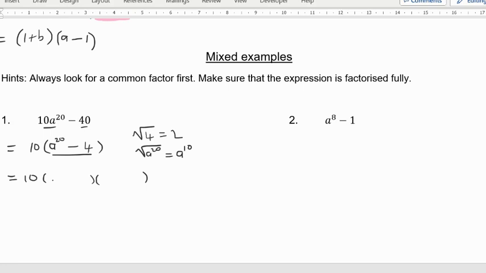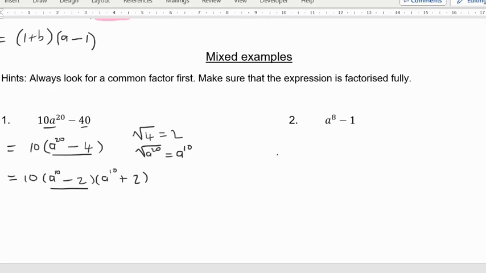Do you remember? So that's a to the power of 10 that goes into both brackets, minus 2, plus 2. Is it fully factorized now? Well, yeah. If we look at this one, it's tempting to say that it's dots again, but 2 isn't a perfect square, right? So it means it's fully factorized.